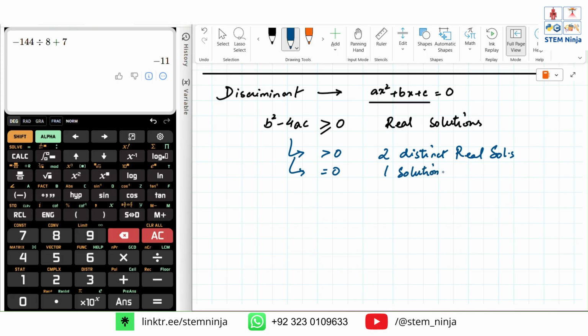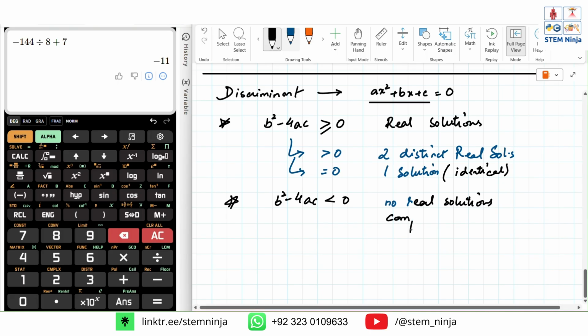That will come off as a duplicate scenario. That means it will still be a square, but it will have an identical solution. So you will still have two, but they will be identical. And if b squared minus 4ac is less than 0, you will have no real solutions for the equation. No real means these solutions will be complex in nature, and we will see in P3 what this means.